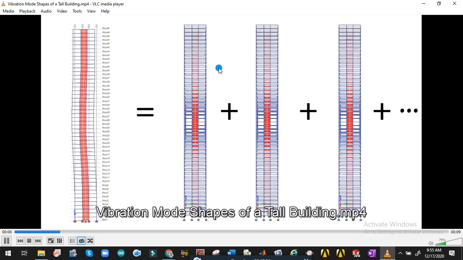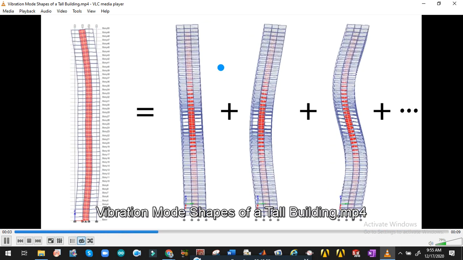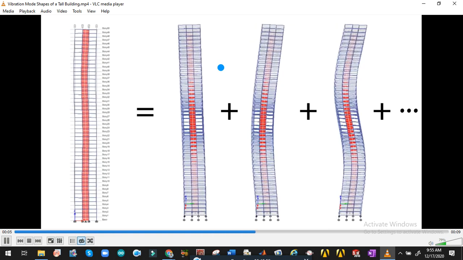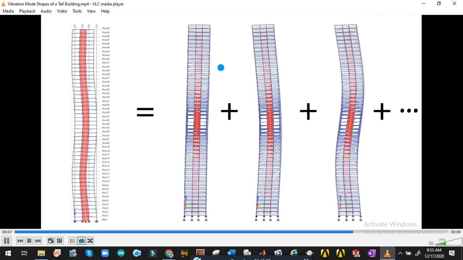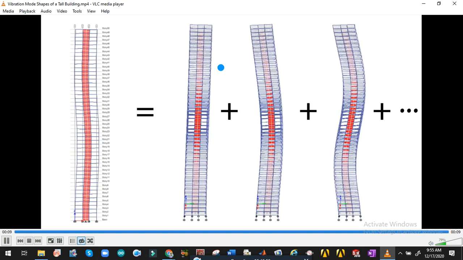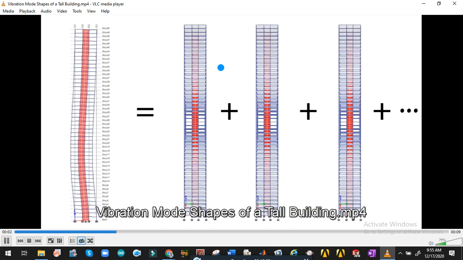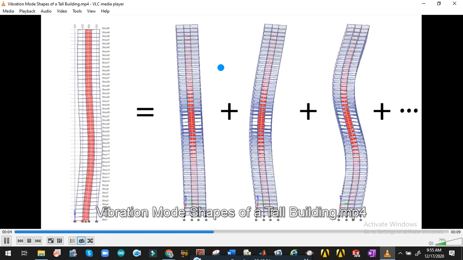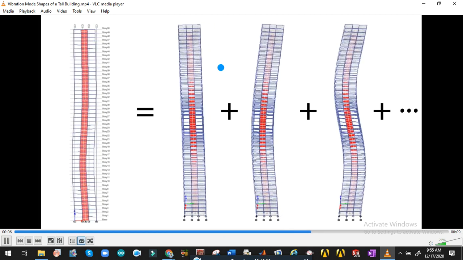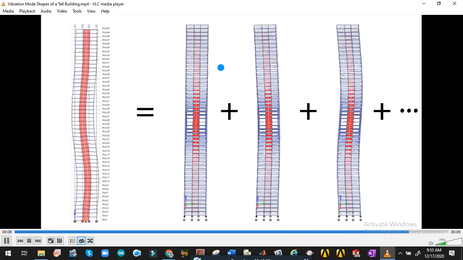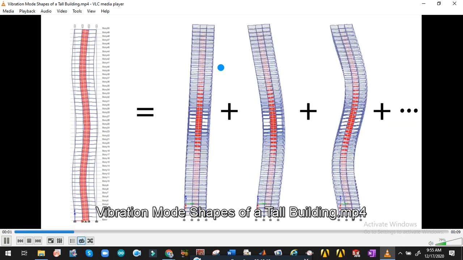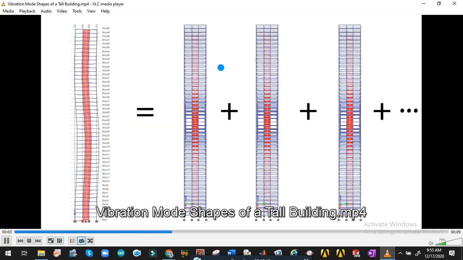For example, if we have a flexible rotor, then it will have multiple mode shapes, multiple equations of motion and multiple natural frequencies. So we have to consider all the possible critical frequencies for that kind of flexible rotor. Okay.